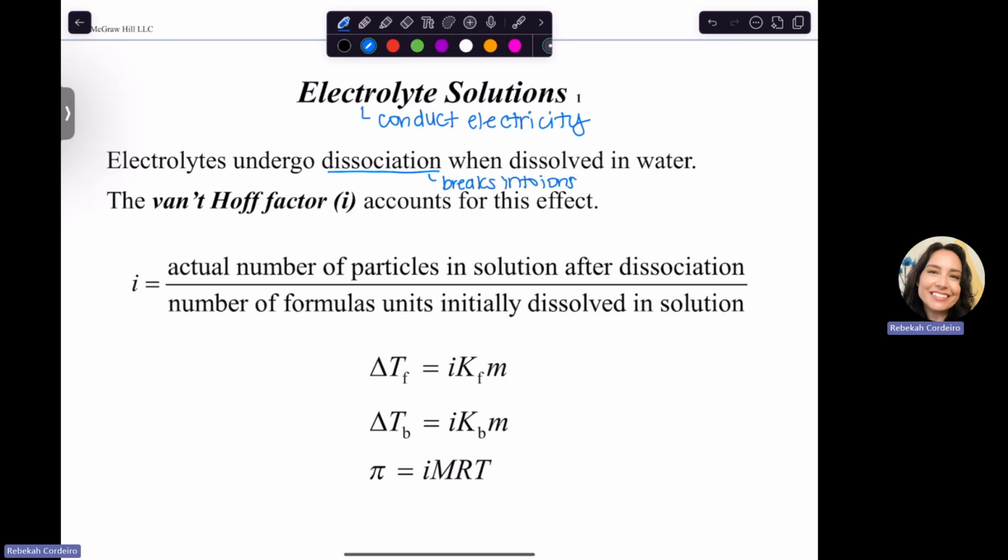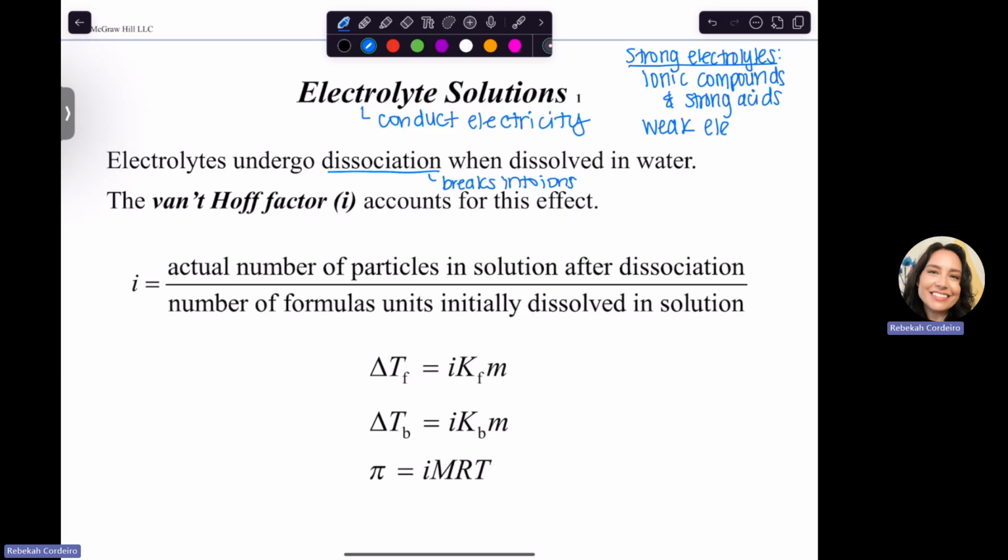So we have strong electrolytes. Strong electrolytes are ionic compounds and strong acids. If you don't know a lot about strong acids now, we will definitely cover that in a future chapter. And then we have weak electrolytes.